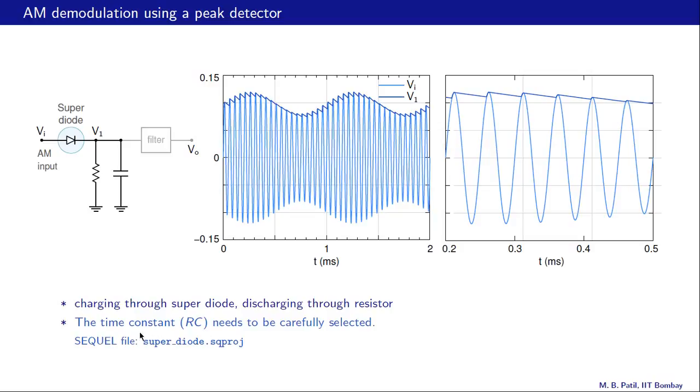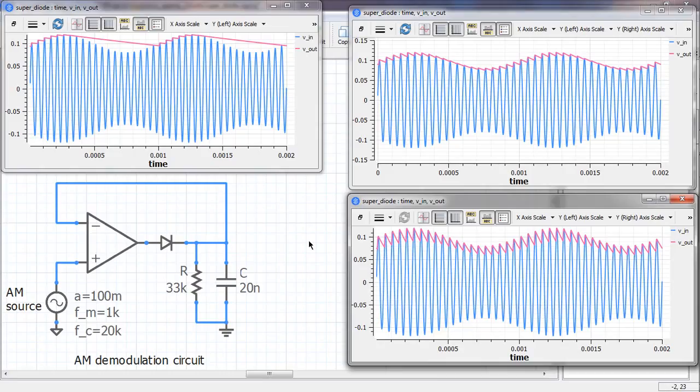Now the time constant RC here has to be very carefully selected, and let us demonstrate that with this circuit file. Here are some simulation results with R equal to 33K and C equal to 20 nanofarads and carrier frequency of 20 kilohertz and the signal frequency of 1 kilohertz, we get this result.